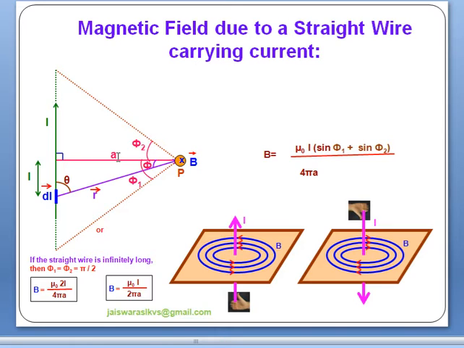This P is a unit away from this conductor. So the strength of magnetic field at P will be B is equal to mu naught into 2I upon 4 pi a. Further it can be written as B is equal to mu naught I upon 2 pi a.